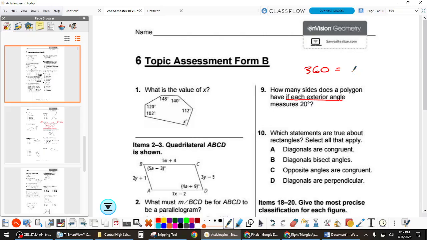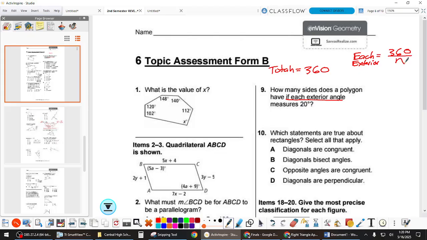Is that what it says on your formulas? Yeah. Okay. Alright, so this one is talking about each exterior. So we edited this formula with what? You should have it in there. Over n, yeah. Do you have that?